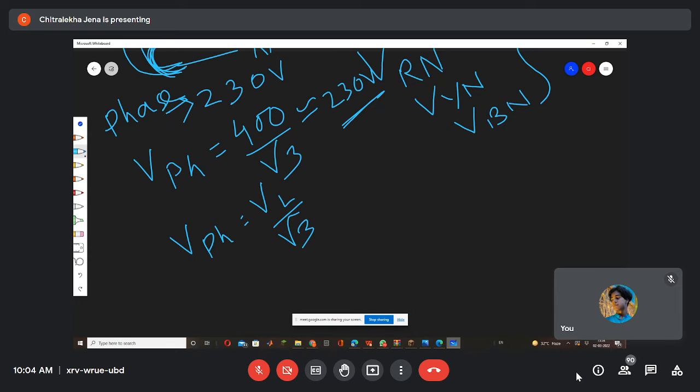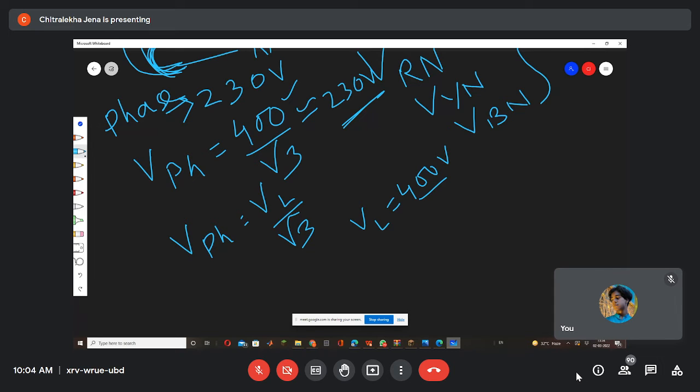In India, we have line voltage equal to 400 volt. This amount of voltage is not required in our house; 230 volt is enough to give the supply to all the loads. So why would we use 400 volt, that is the line voltage?